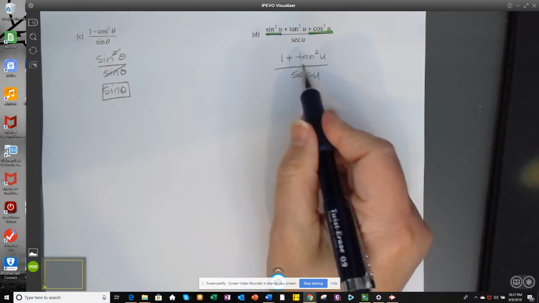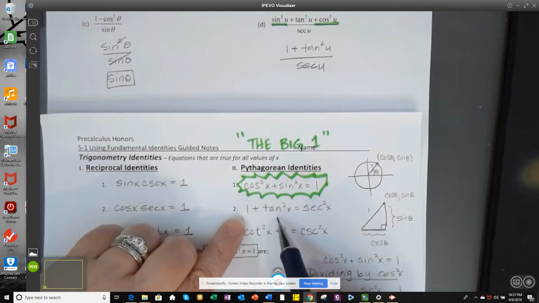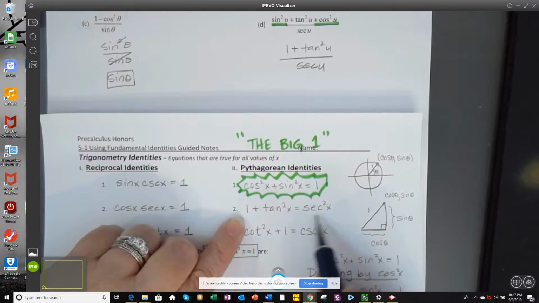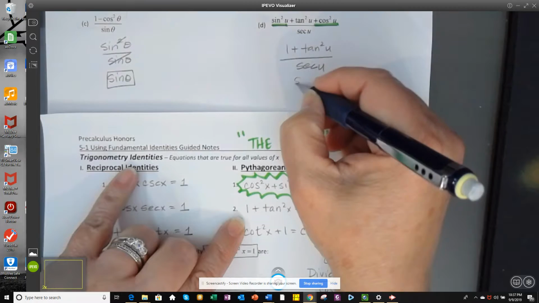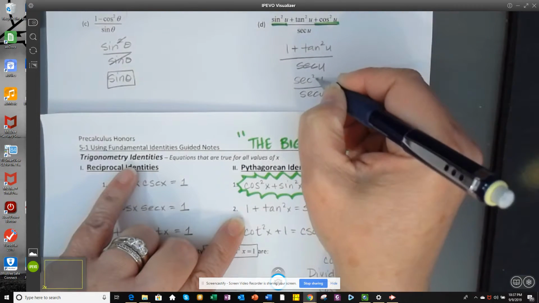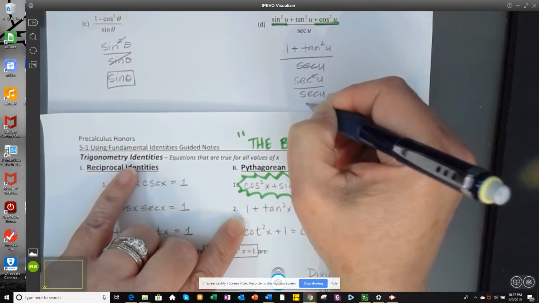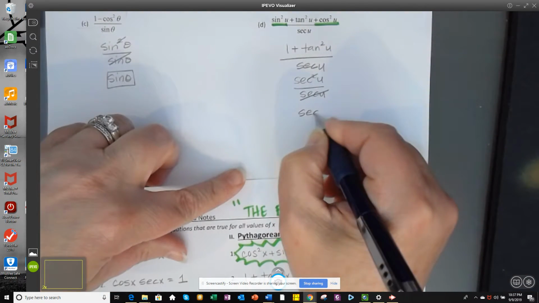Now, 1 plus tan squared u equals something because it's one of our Pythagorean identities: 1 plus tangent squared x is equal to secant squared x. So I can change this numerator to secant squared u over secant u. And I can get rid of one of the secants on top and cancel out the bottom one, and I'm left with secant u.